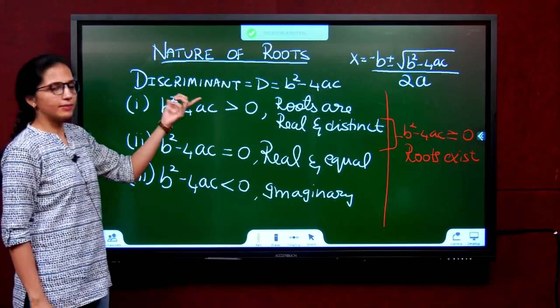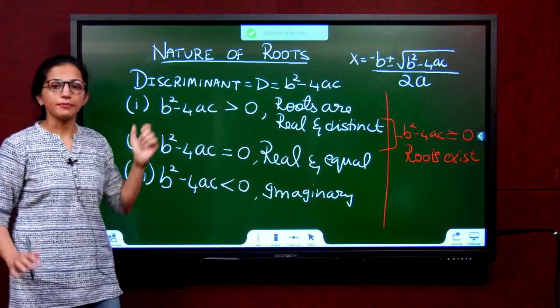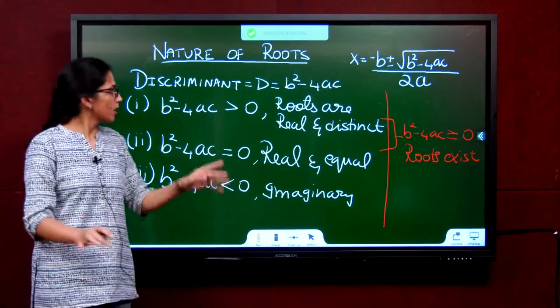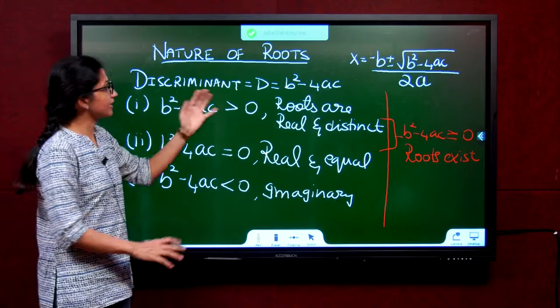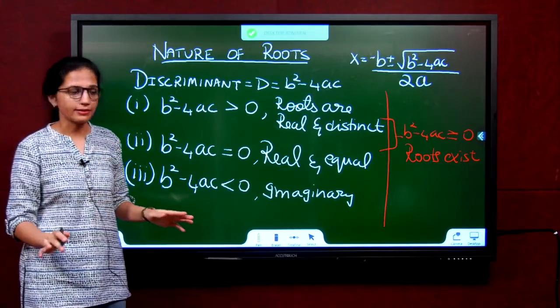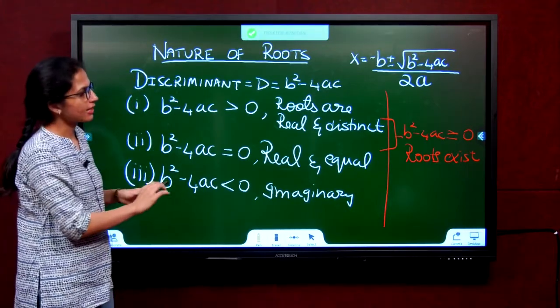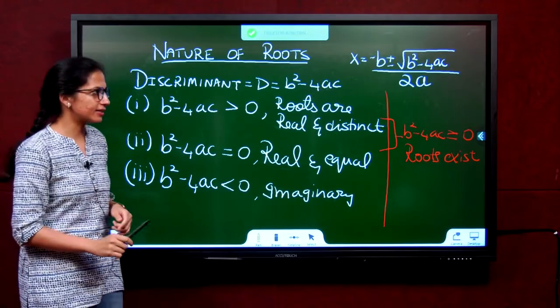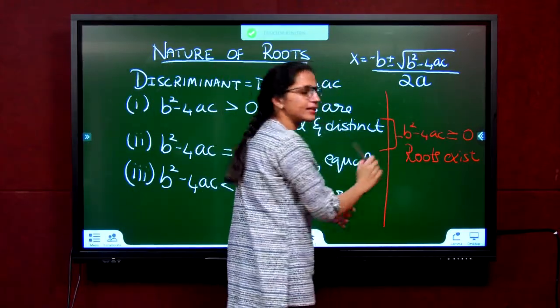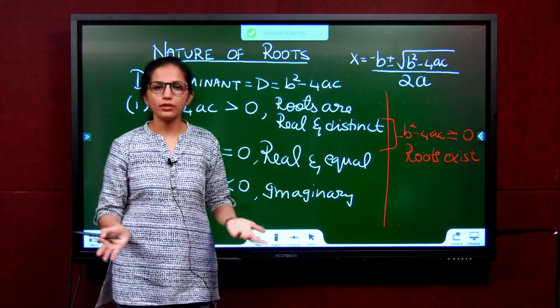Why the word discriminant? Discriminate means to differentiate, to know the difference between two things. So this discriminant is telling you whether the roots exist or don't exist. So we conclude that if you want to check if the roots exist, you check the value of b square minus 4ac. If it is greater than or equal to 0, the roots exist.